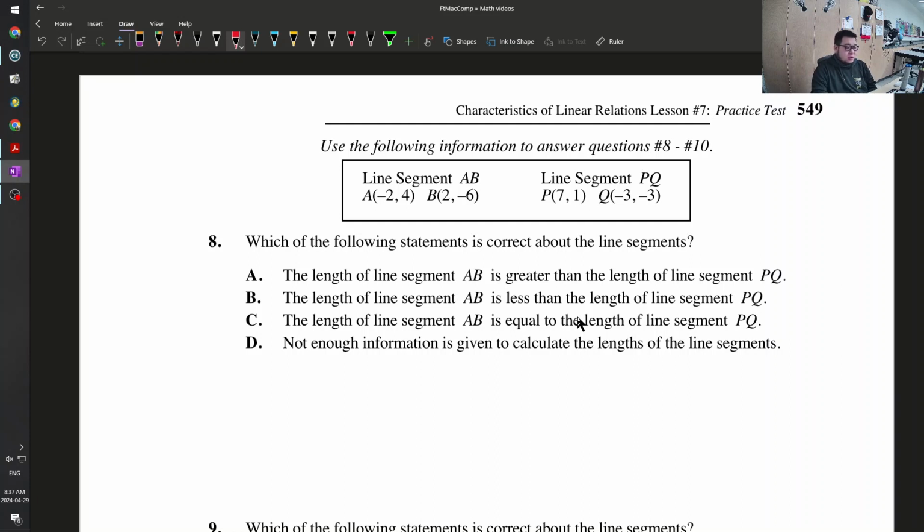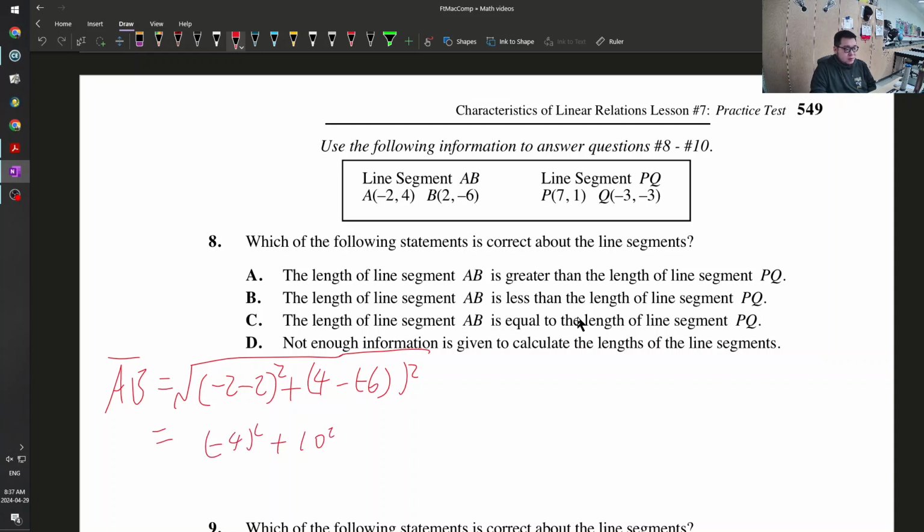Let's just say the length of AB is equal to, again, use the formulas: -2 minus 2 squared plus 4 minus -6 squared. That's -4 squared plus 10 squared, which is the square root of 116.